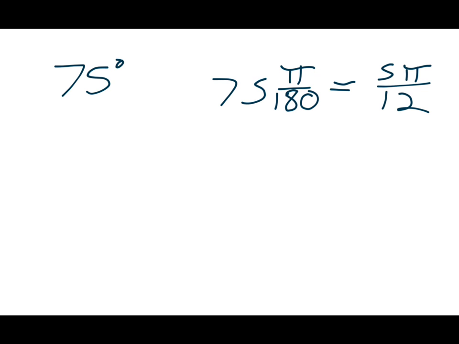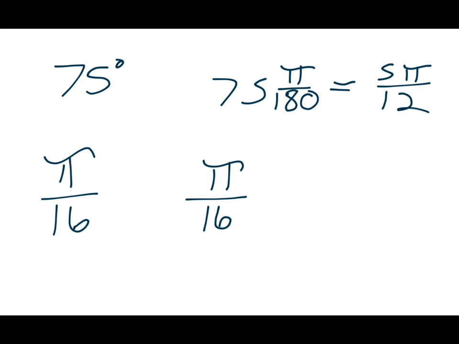Okay, say we do want to convert from radians to degrees. Say we have pi over 16 in radians. So that would be flipping this guy, pi over 16 times 180 over pi.